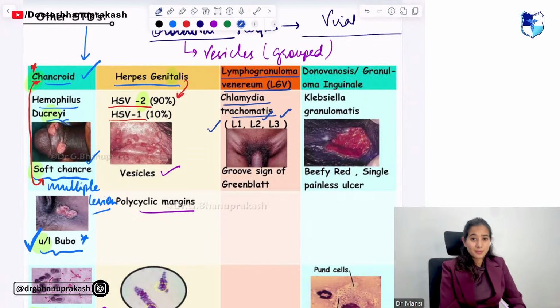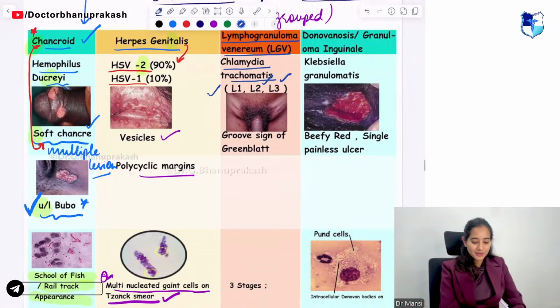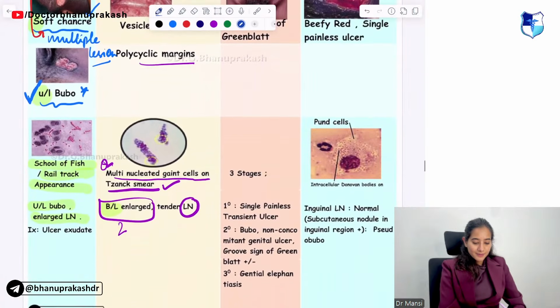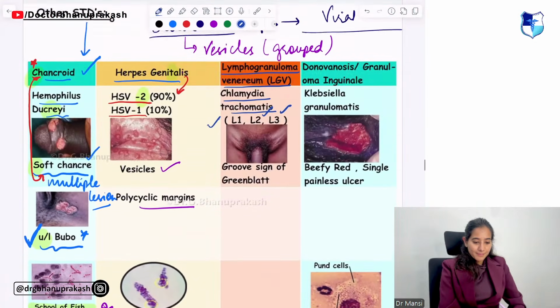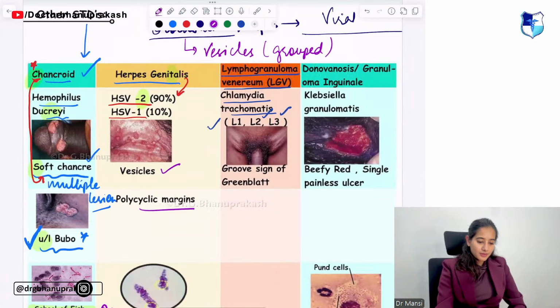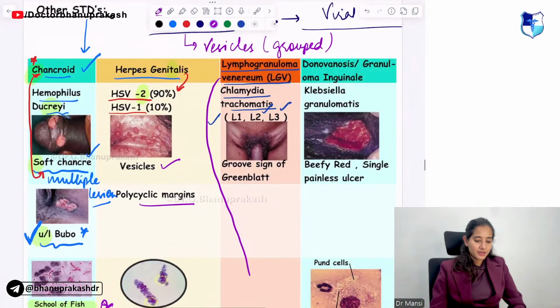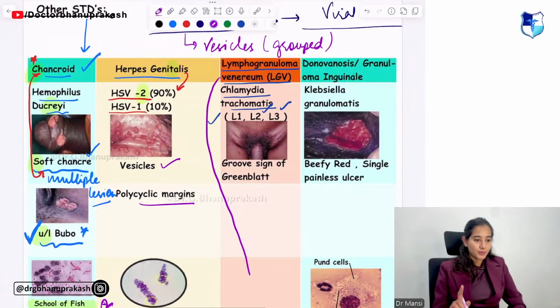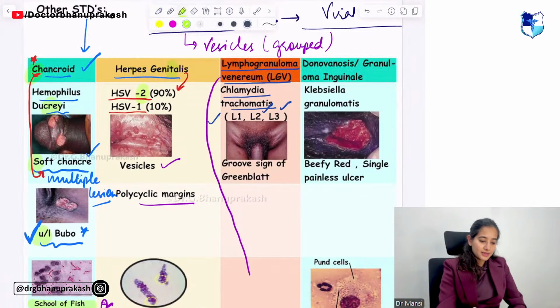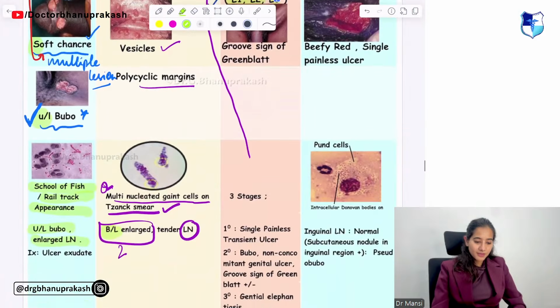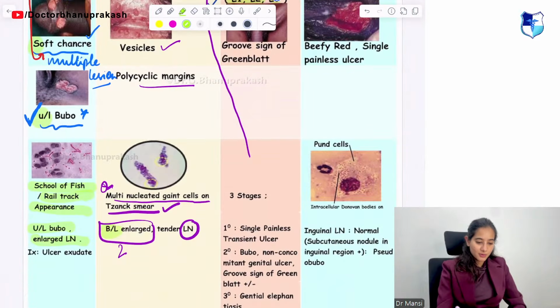Yes, Moses, if you remember, tell me which condition that was. For lymphogranuloma venereum, Chlamydia trachomatis L1, L2, L3. Since there is an L, you can remember L1, L2, and L3 serovars, whereas D to K is for, I'm giving you some time, I'll wait for your responses.